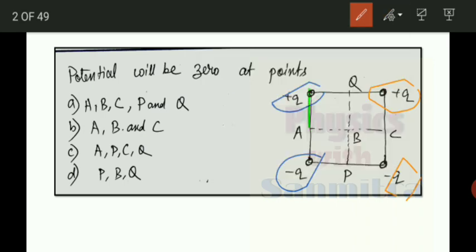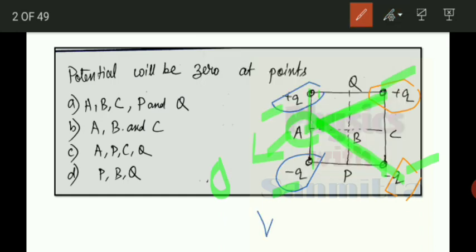Now, this distance and this distance are equal, for plus q and minus q. So for these two charges, my net potential at A is 0, and for these two charges, plus q and minus q, the net potential at point A is also 0, because the distances are the same, and we know the potential formula is V = kq/r, where k is 1/4πε.